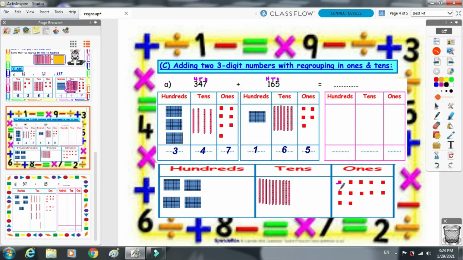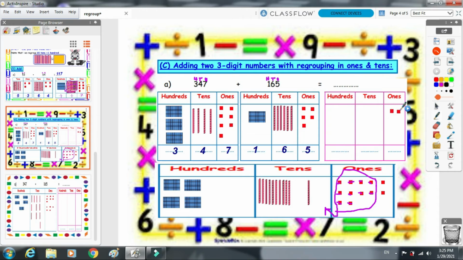So here I will say 1, 2, 3, 4, 5, 6, 7, 8, 9, 10, and I will add them all together to make one 10. So I will draw one more bar in tens, because here I regrouped the 10 ones to make one new 10. Then here in the answer the leftover of ones is 2.